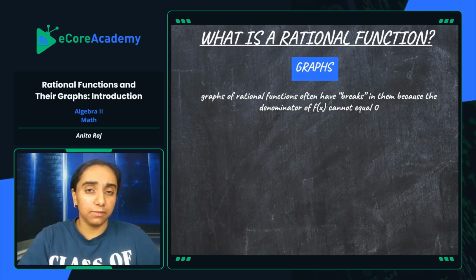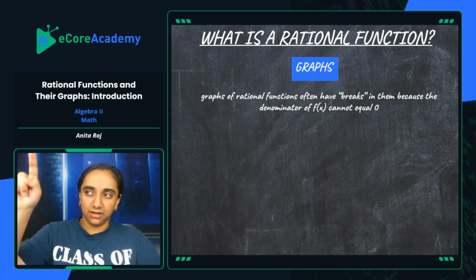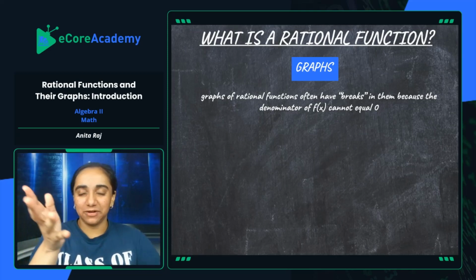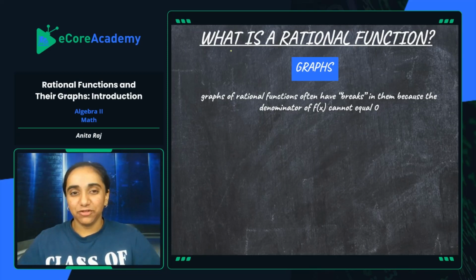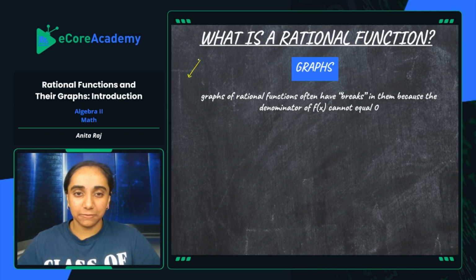We've been looking at parabolas, which are quadratics, y equals x squared, and cubics, y equals x cubed. Lines look like that, parabolas look like that, and cubics look like that.